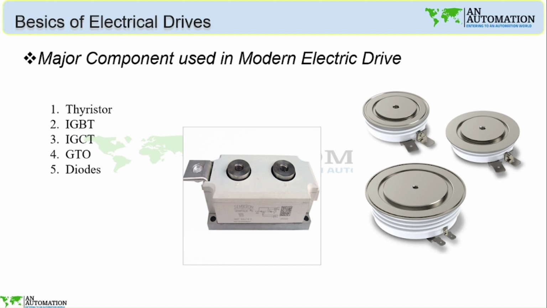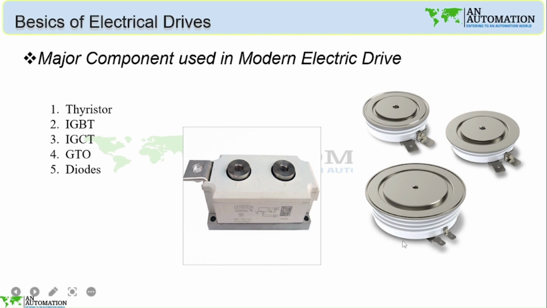Okay, so these are the major components used in modern electrical drives: IGBT, IGCT, GTO, and diodes. GTO is most commonly used in modern technologies for making electric drives. This is the basic symbol of a thyristor bridge. Basically, a normal thyristor is not placed in the drive; they use a thyristor bridge to control the input or rectifier unit.